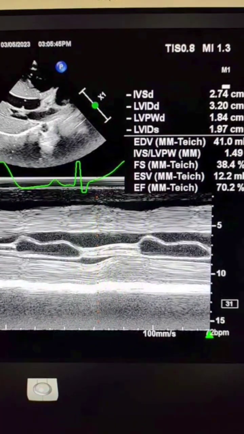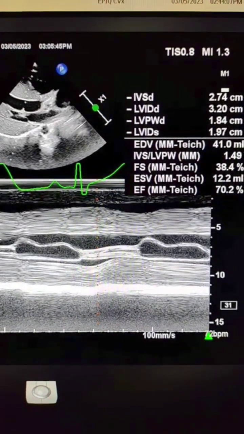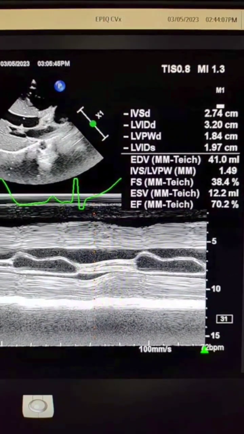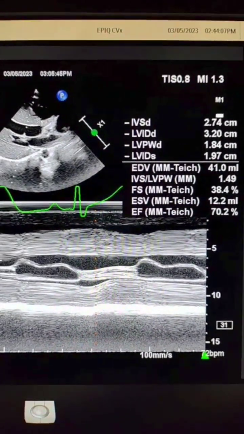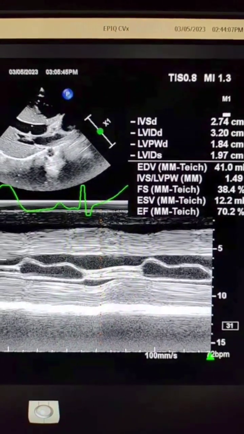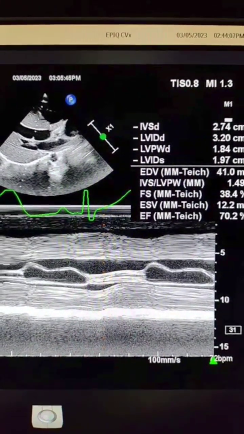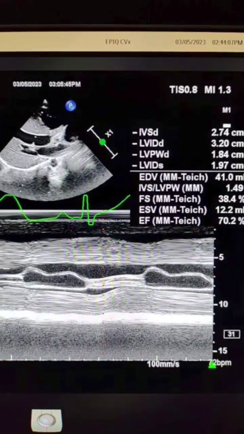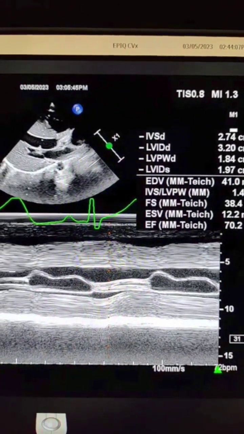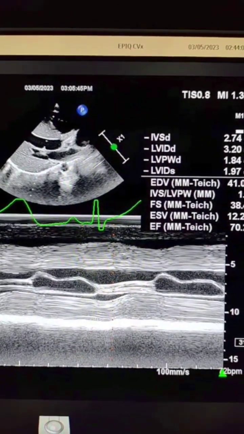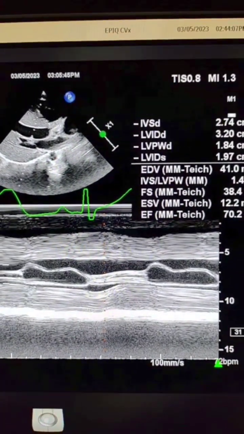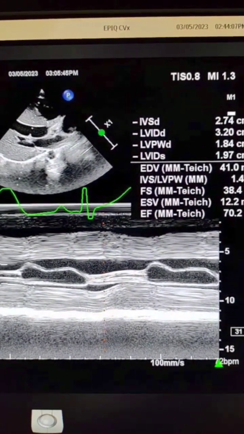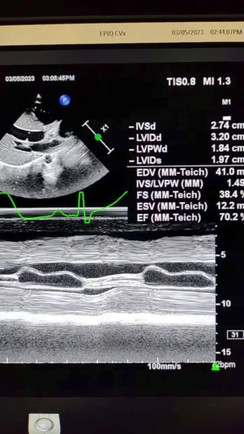The ejection fraction is 70%, and you can see the IVS to LV posterior wall ratio comes around 1.49. The IVS is 27 and the posterior wall is 18. A ratio of more than 1.3 is diagnostic of HCM in a non-hypertensive patient.